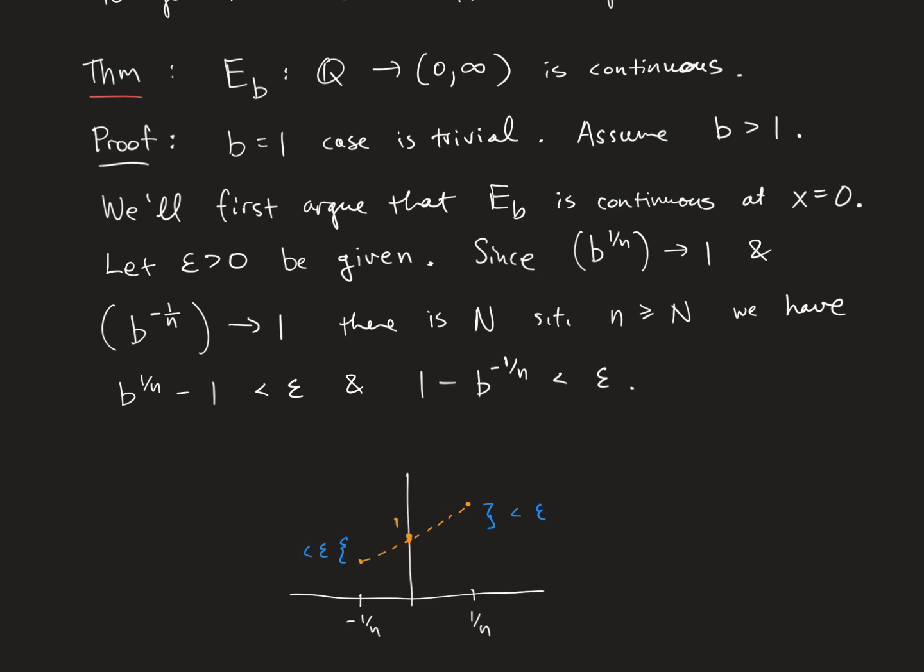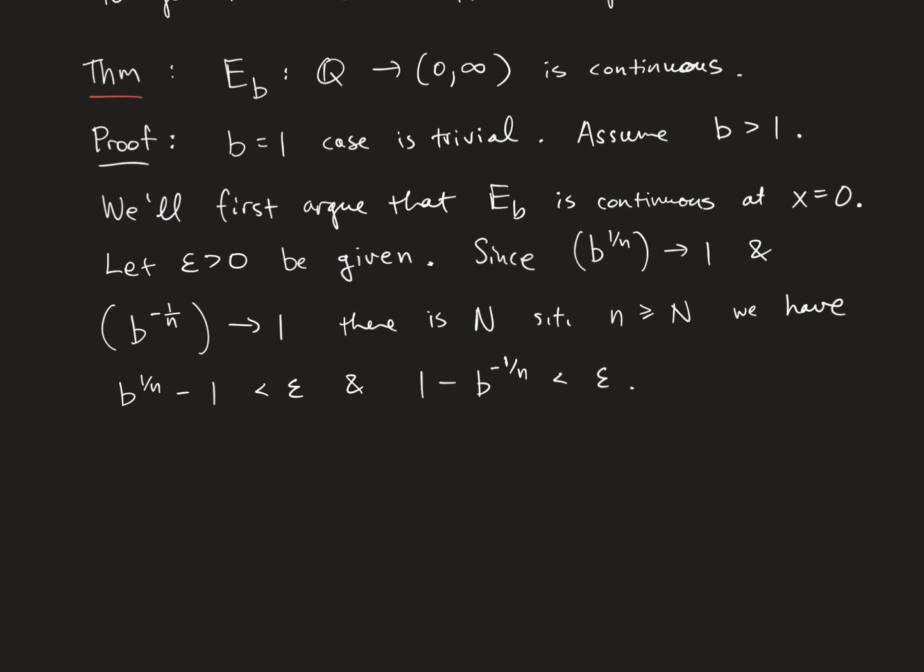Everything else is in between. So this exponential function at any value in between here is going to be closer to 1 than either of those endpoint values. And this just comes from the fact that this function is increasing. Okay, so the increasing is going to tell us that we can just take our delta to be 1 over n here. All right, so that's the basic picture that goes with this.